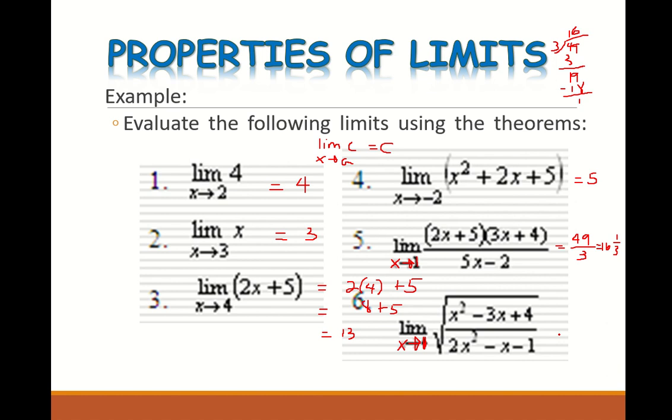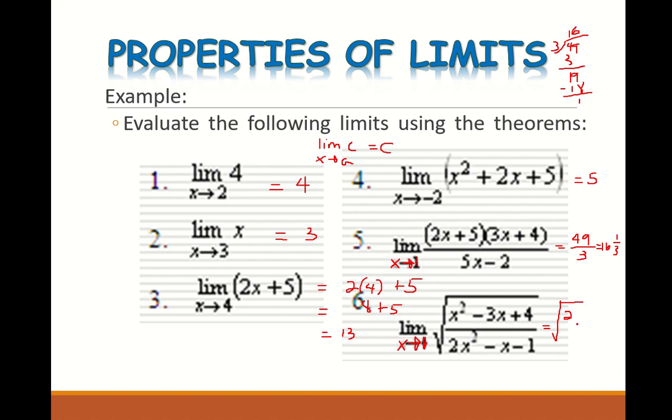So substituting, if x is 1, so 1 squared is 1 minus 2 times 1, negative 2, plus 4, so we have 3. Okay, the square root.